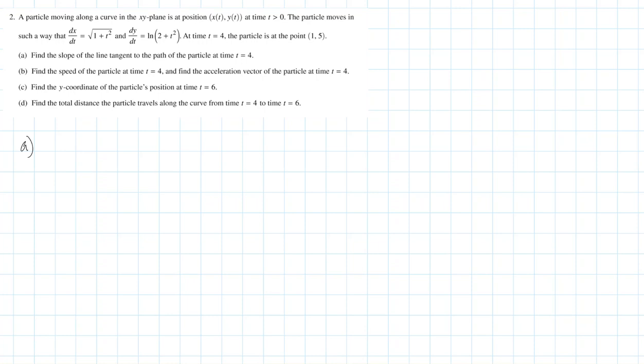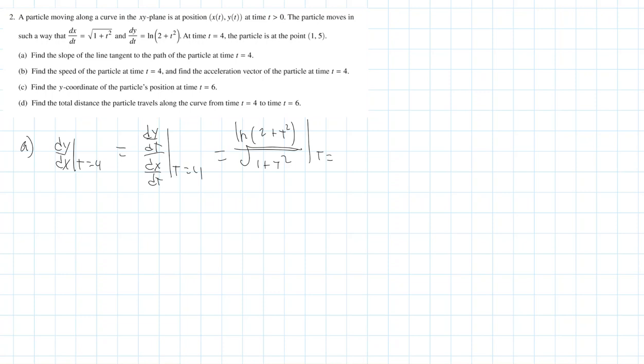So the first question is to find the slope of the line tangent to the path of the particle at t equals 4. So we're trying to find dy/dx at t equals 4. We know that's going to be equal to dy/dt over dx/dt at t equals 4, which is equal to the ln of 2 plus t squared all over the square root of 1 plus t squared evaluated at t equals 4.